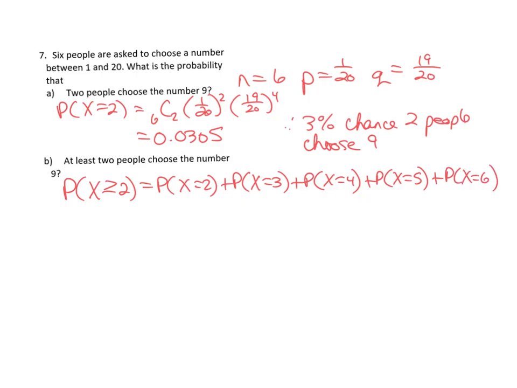So rather than do all of that math, we are going to use the indirect method. So we're going to look at the probability that x is less than or equal to 1, and then we will subtract that probability from 1 using the indirect method.